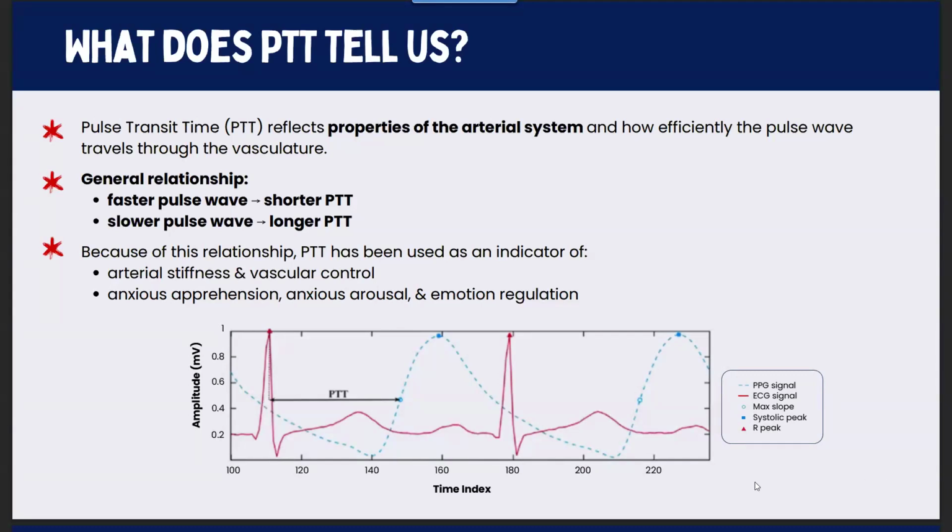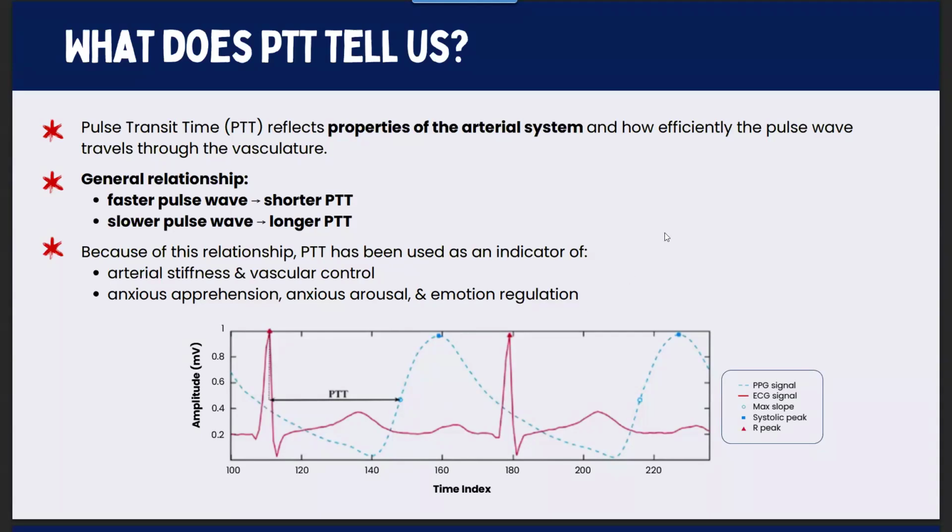If we have a faster pulse wave, what we will see is that we have a shorter pulse transit time and that these waveform peaks would be much closer together. Or in the opposite sense of this inverse relationship, we may have a slower pulse wave, and this could be slightly further apart, extending our pulse transit time.